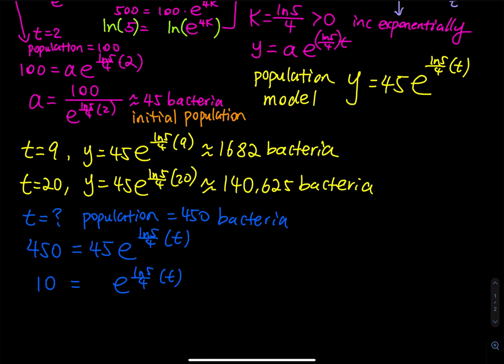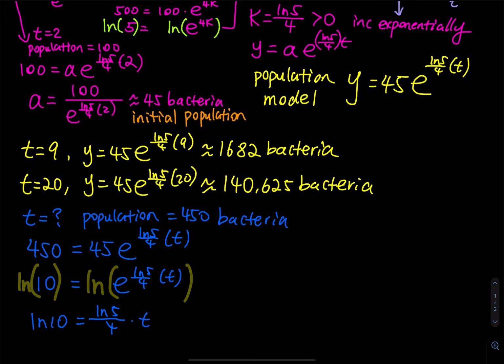Then you ln both sides, so that brings the exponent down. So we have ln10 equals ln5 divided by 4 times t, and as a result, ln e is equal to 1.